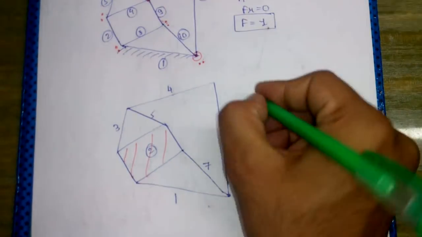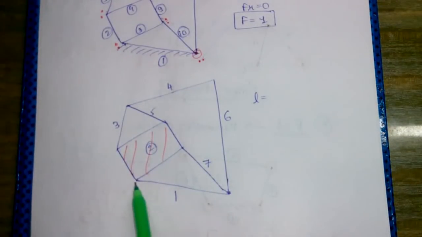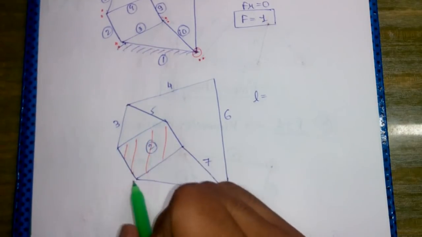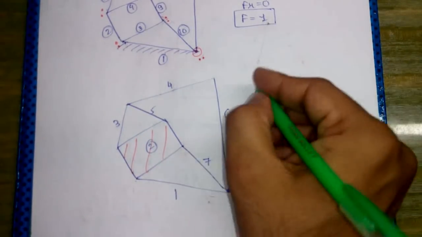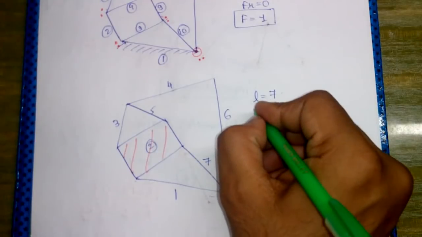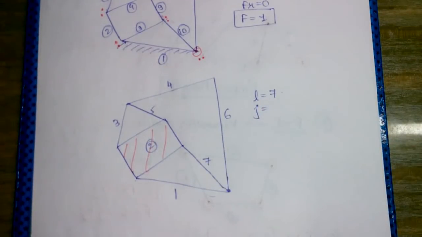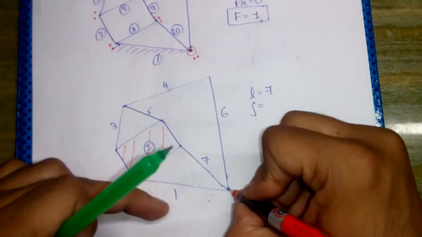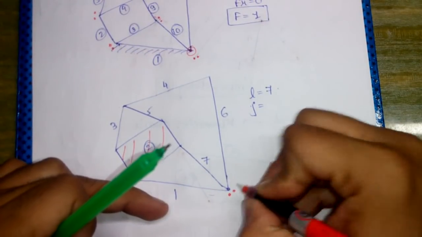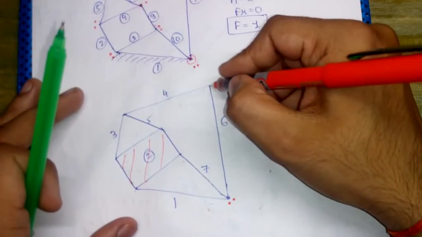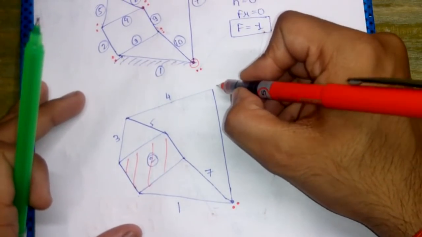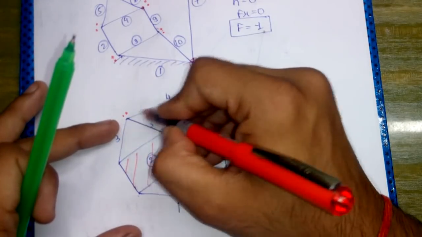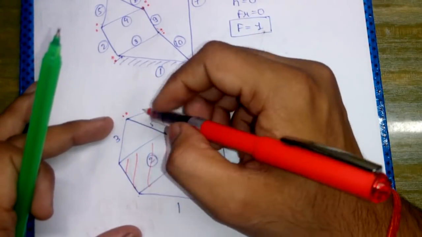Now if we count the number of links, 1, 2, 3, 4, 5, 6 and 7, the total number of links is 7. Now we will count the number of binary joints. Since this point has 3 links, it is a ternary joint, hence it is equivalent to 2 binary joints. Here we have only 2 links, so this is 1 binary joint. This becomes a ternary joint and hence is equivalent to 2 binary joints.